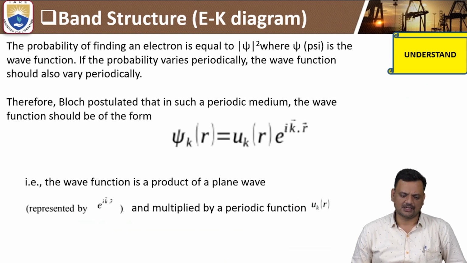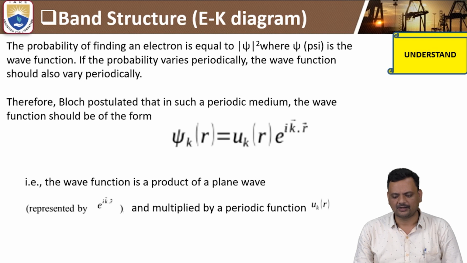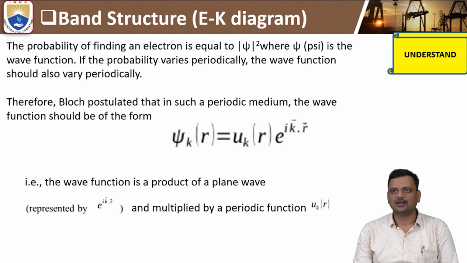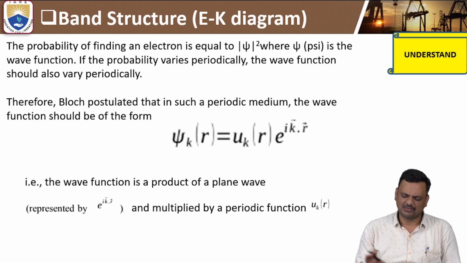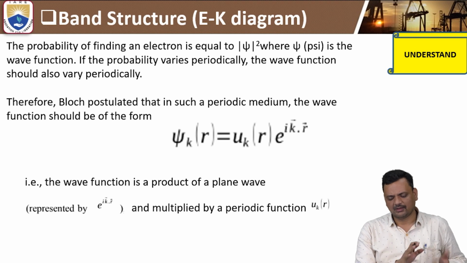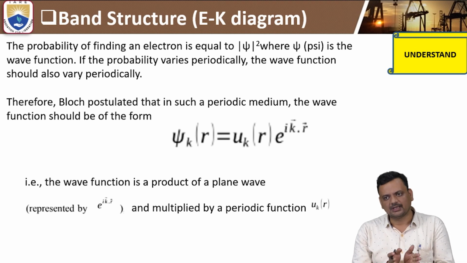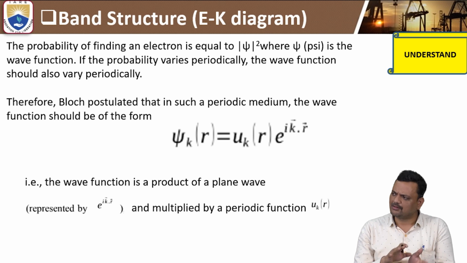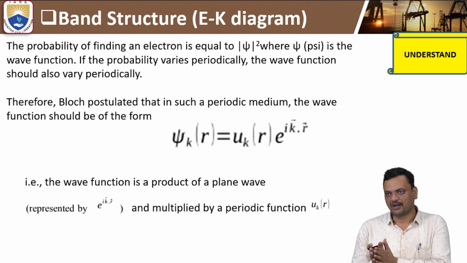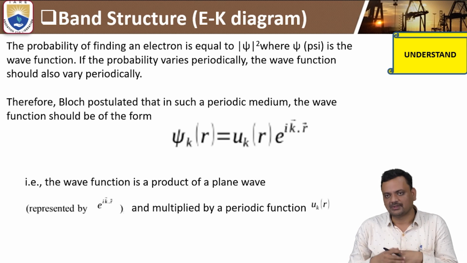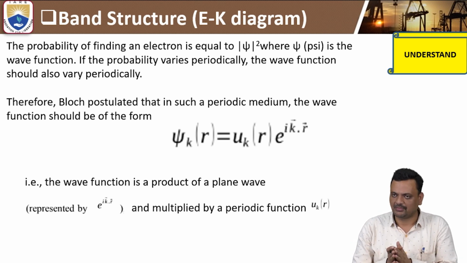So the same thing is written here. The probability of finding an electron is equal to mod of psi square, where psi is the wave function. If the probability varies periodically, the wave function should also vary periodically. What he tried to say is that the wave function should be periodic in nature. Why? Because the variation in potential is also periodic. That's why the wave function should also be periodic.